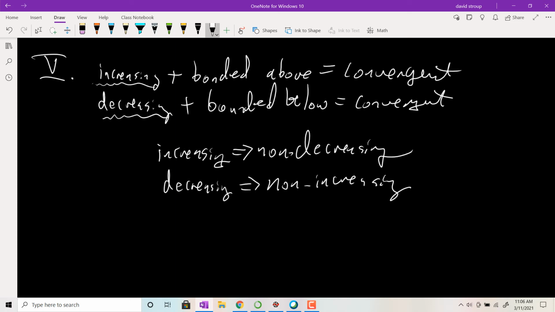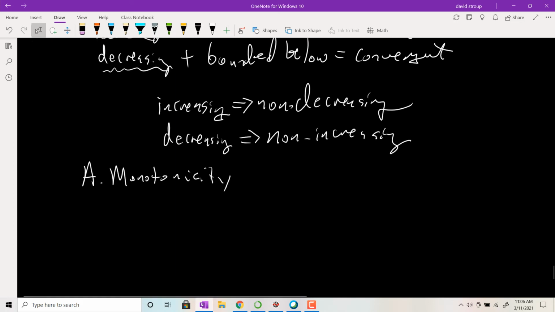Okay. So this is the first issue we want to deal with, and it's called monotonicity. There are two types of monotonicity: non-decreasing and non-increasing. First, non-decreasing, and we could symbolize this with a chain of inequalities.